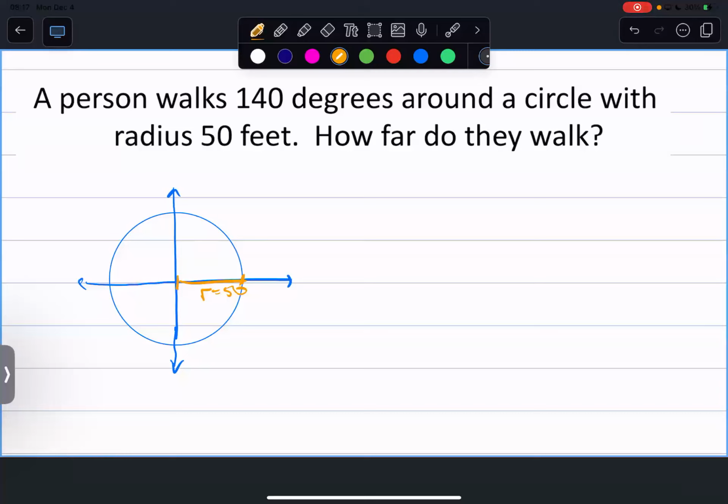First, to visualize it, let's figure out where 140 degrees would be, just to figure out roughly what we're looking at. I know that this point is 90 and this point is 180. So I'm going to go somewhere in here, maybe 140 degrees.